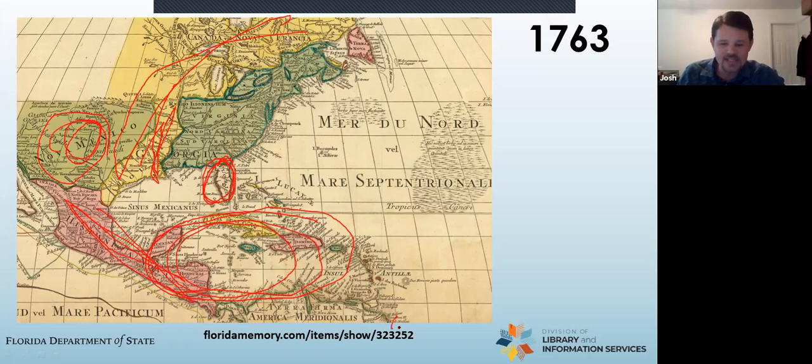We've got the Portuguese down here in Brazil, where we can't quite see it on the map. You've also got the Dutch poking around up here in the northeastern part of the Atlantic seaboard. So there's a lot going on here, but Florida is strategically located.